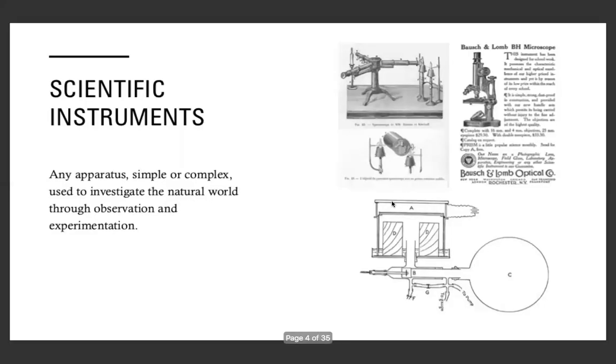Cool. So I take scientific instruments to be any apparatus, simple or complex, used to investigate the natural world through observation and experimentation. I take things like spectroscopes, microscopes or cloud chambers to be examples of scientific instruments.